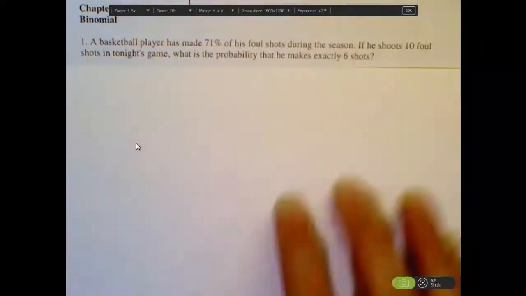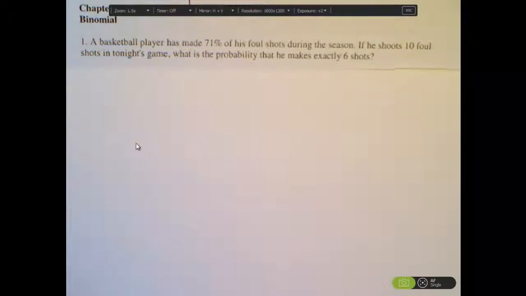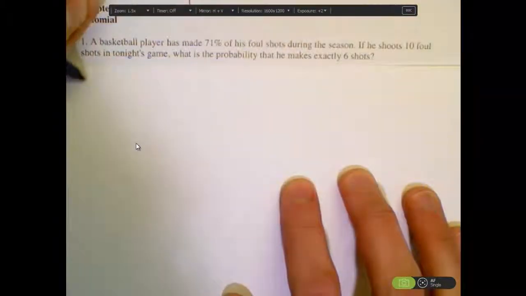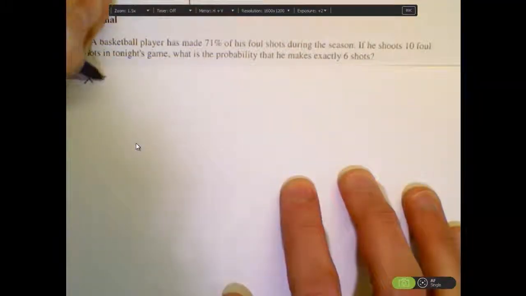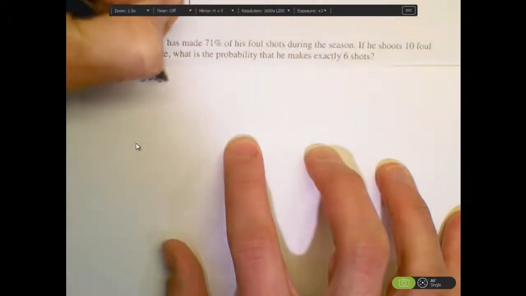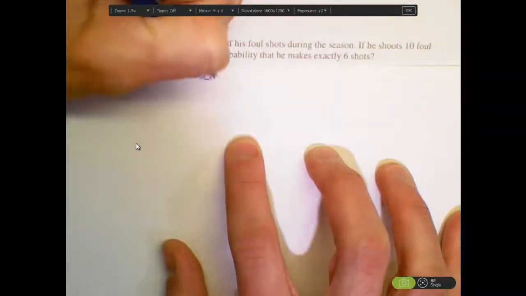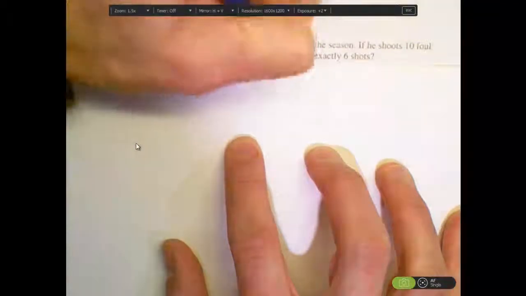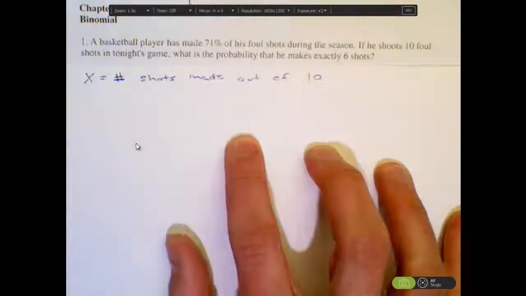All right, so I need to start by identifying a random variable here. So this is building on what we saw in chapter 16 dealing with random variables. So I have that capital X is equal to the number of shots made out of 10.